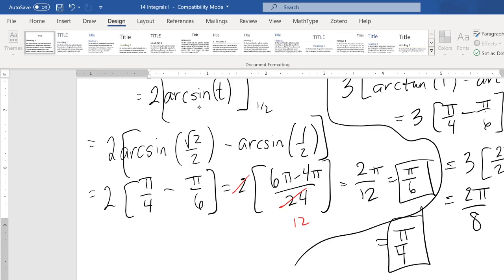I can't see both at the same time on my phone. So, any questions about those problems, guys? It's 2 pi over 24. There you go.